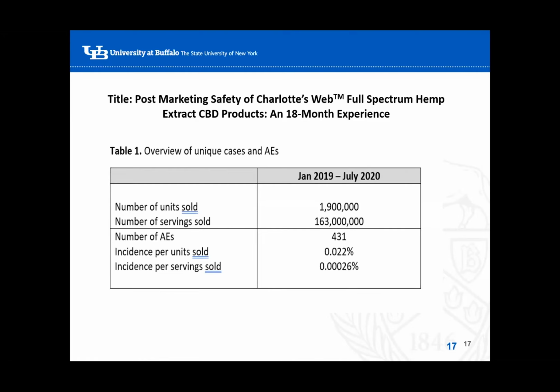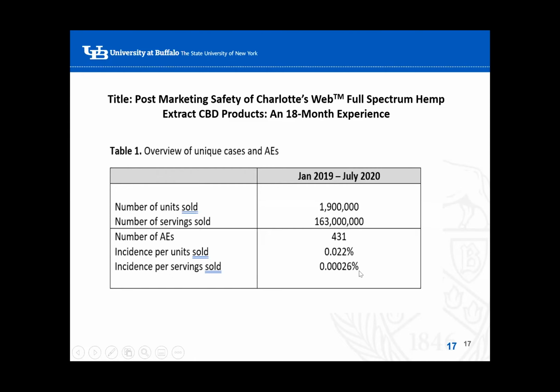But these are some of the numbers that were published over an 18-month period, looking at the number of units sold and the number of servings sold, and of all of that, those deemed significant were only 431. And if you look at a percentage, 0.022, and broken down also by servings sold.